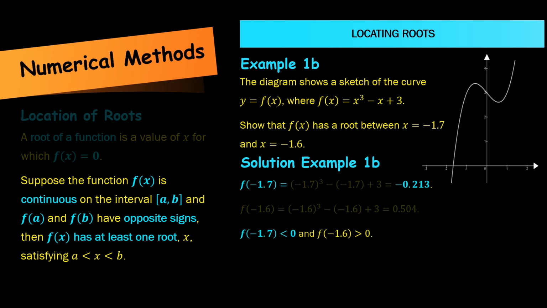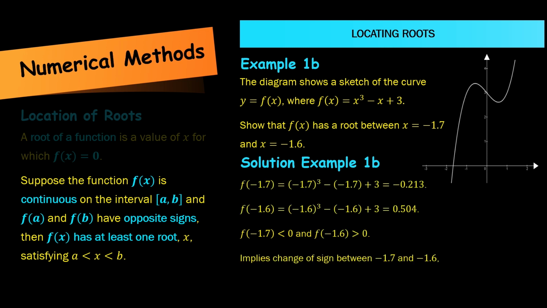So we have that f(−1.7) is negative and f(−1.6) is positive. Clearly, this means that there has been a change of sign between −1.7 and −1.6.